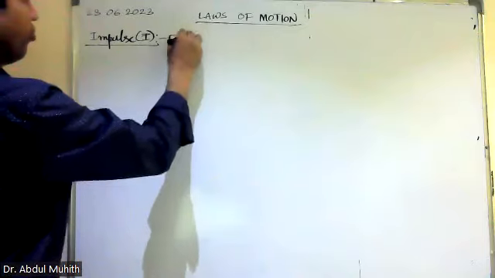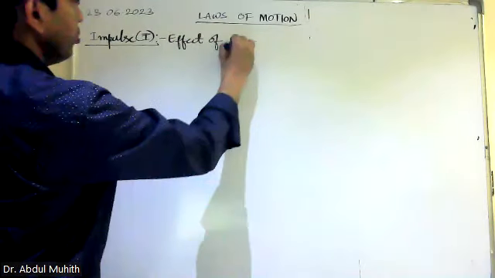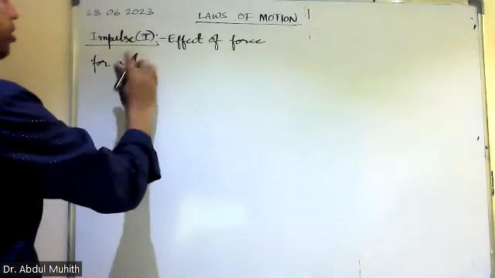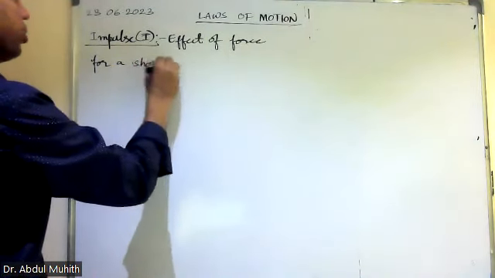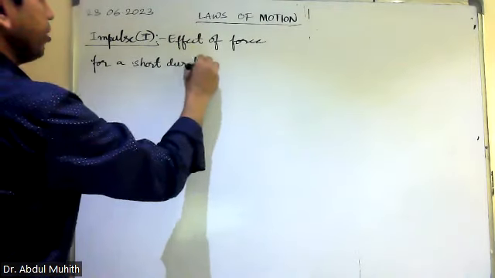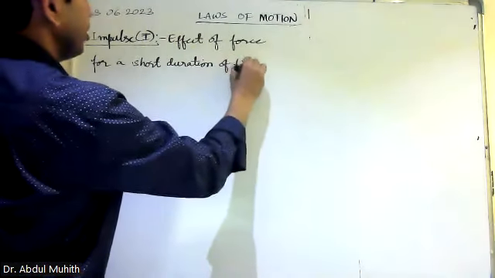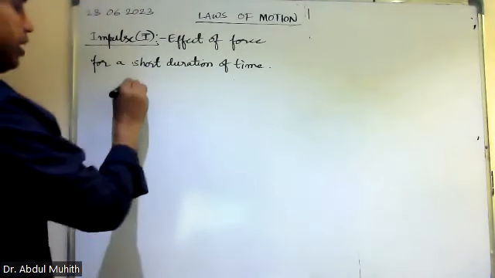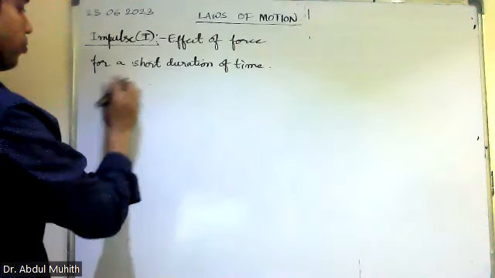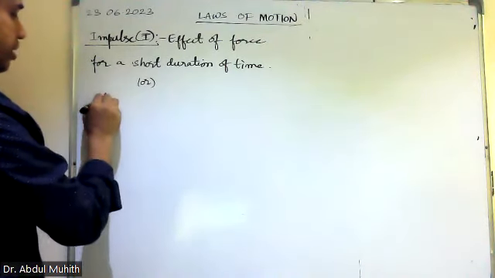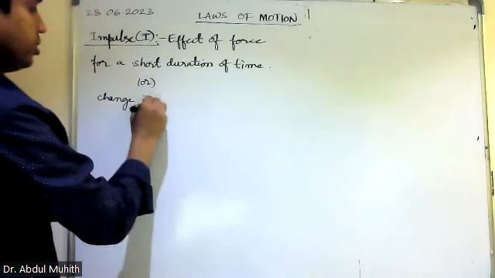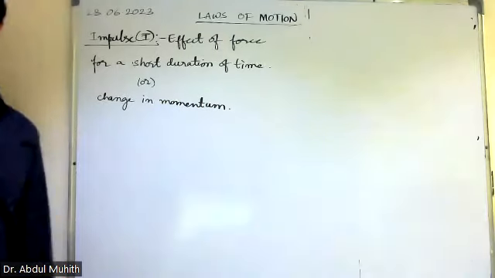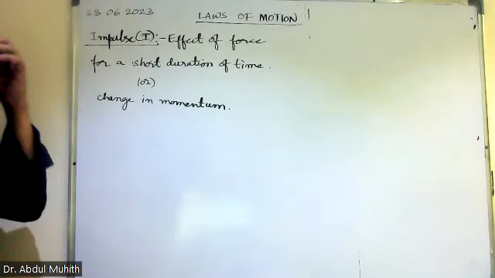So we can say effect of force for a short duration of time is said to be impulse. Or we have one more definition, change in momentum. That is said to be impulse.